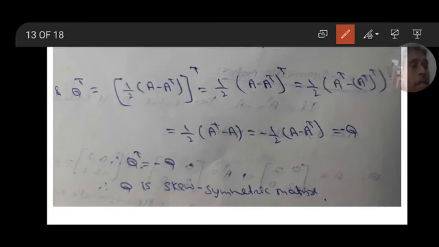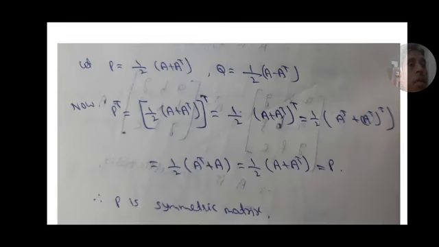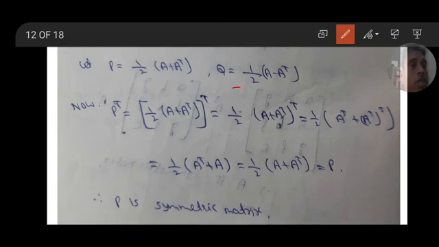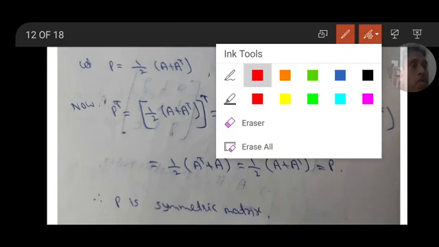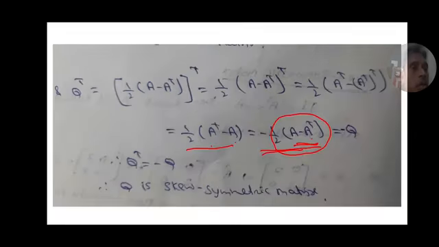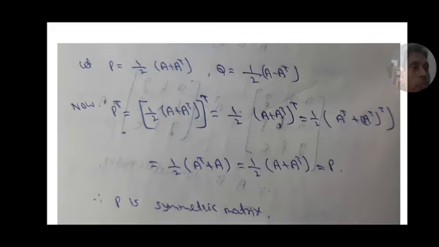Minus common means minus 1 by 2 into (A minus A transpose). So 1 by 2 into (A minus A transpose) is Q. So substituting this value Q, we get minus Q.